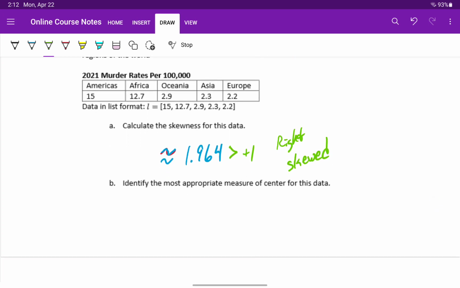Since our data is right skewed, our most appropriate measure of center would be the median, which in this case would be 2.9. For comparison, if we calculated the mean of this data, we would get 7.02.